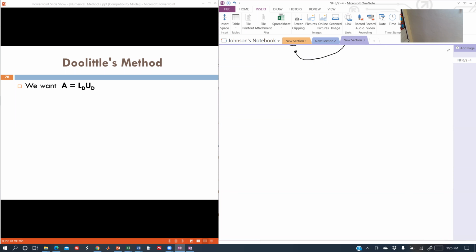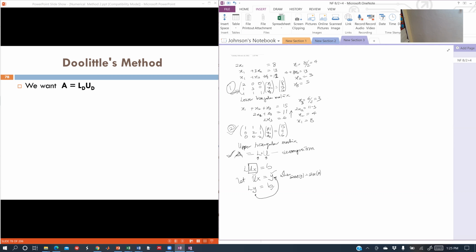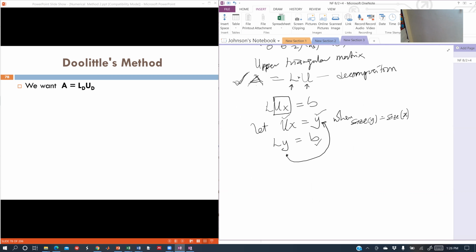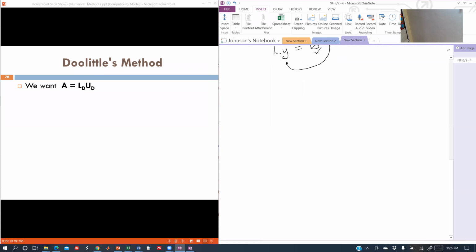So now, the only thing that we're going to discuss is how to decompose the matrix into two using an approach described by Doolittle. So we are going to just learn how to decompose the matrix A into two parts, L and U, using the Doolittle approach.